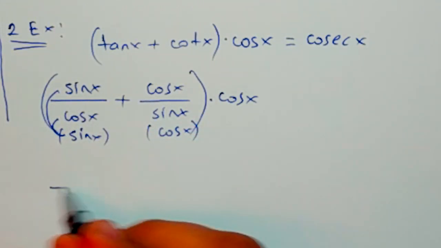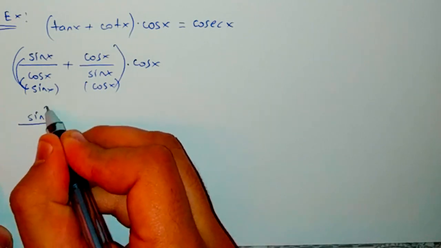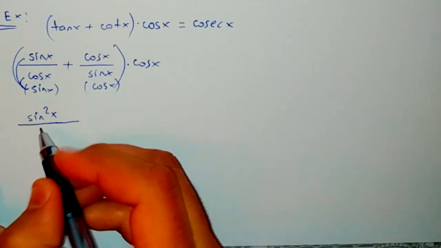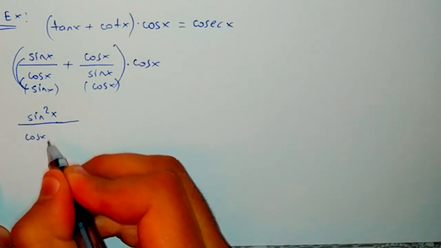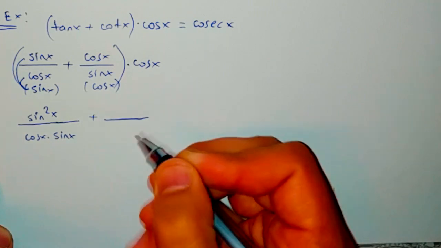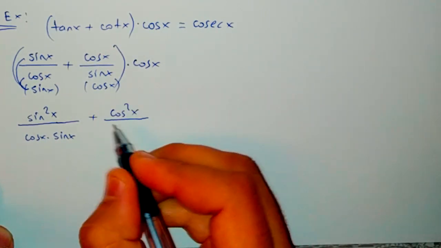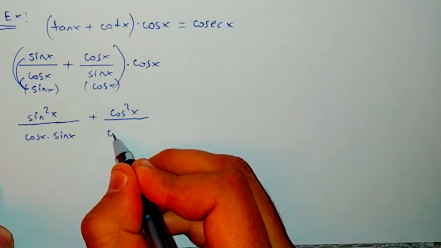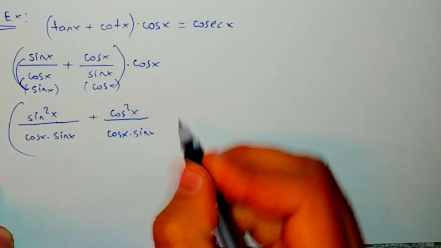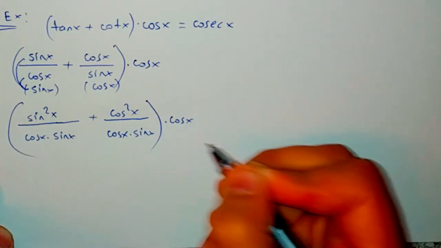So on the upside, I will get sine square x, and the denominator will be cosine x multiplied by sine x, and here I will get cosine square x, and the downside will be cosine x multiplied by sine x.